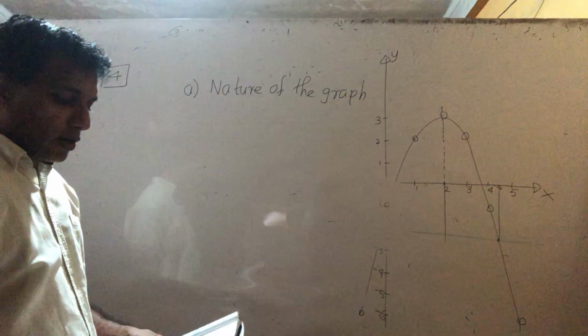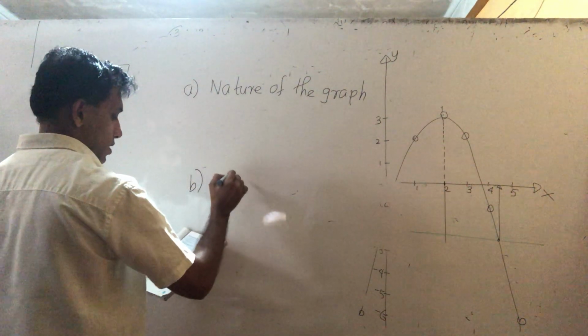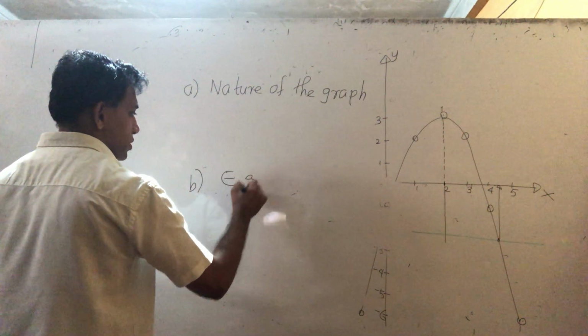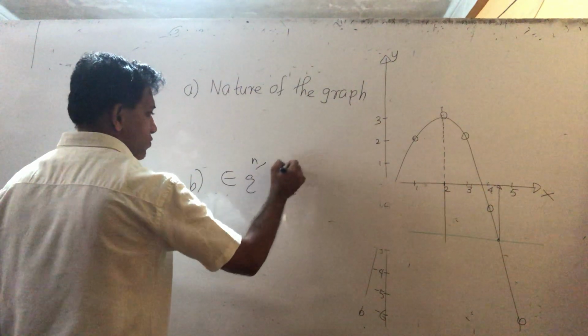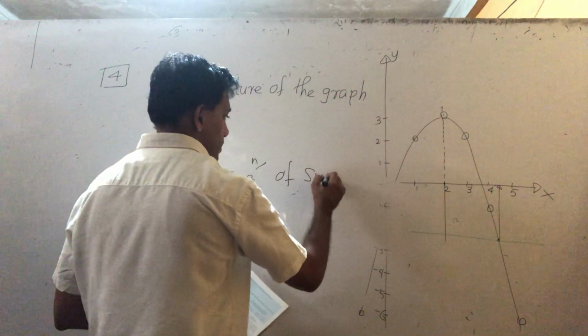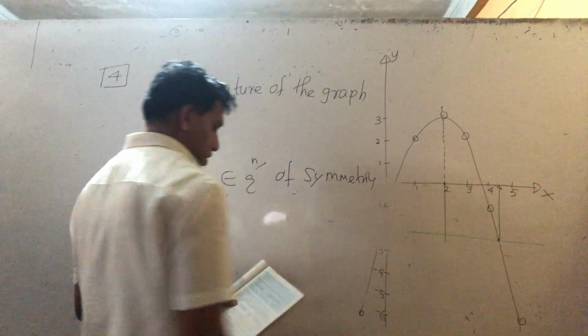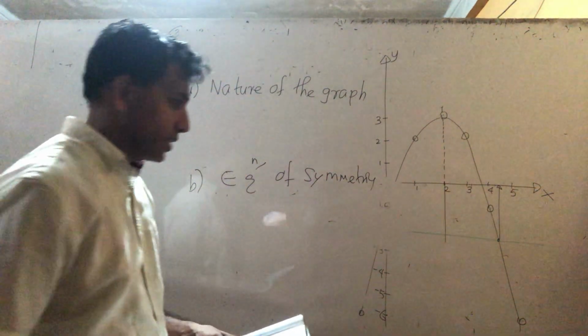Nature of the graph. B part, equation of the symmetric axis.